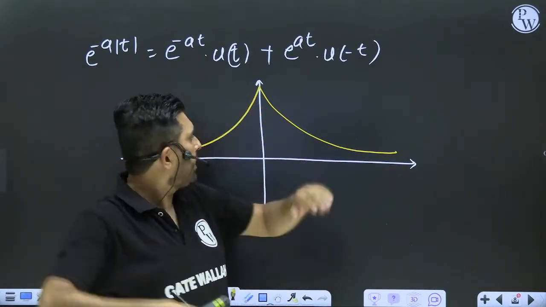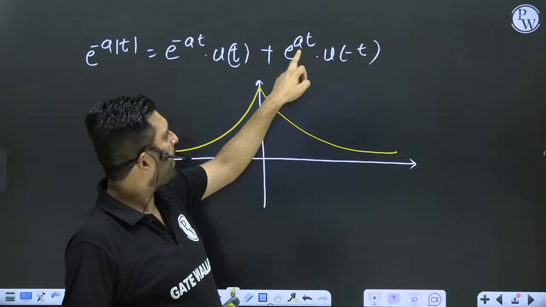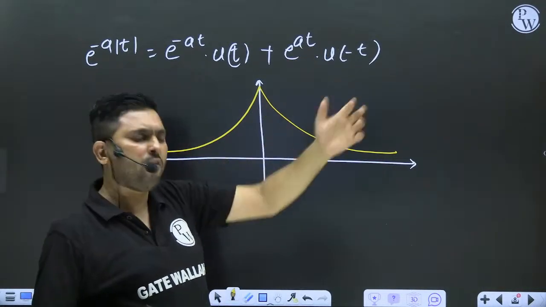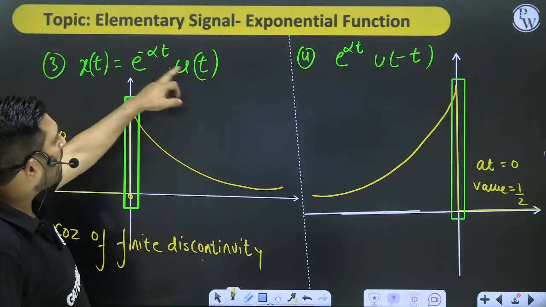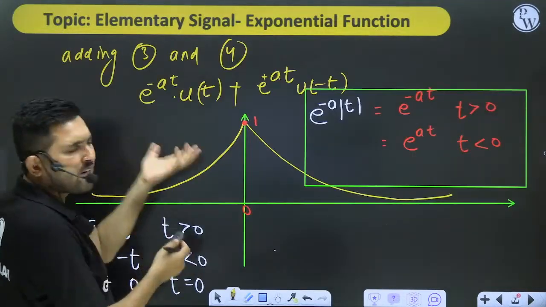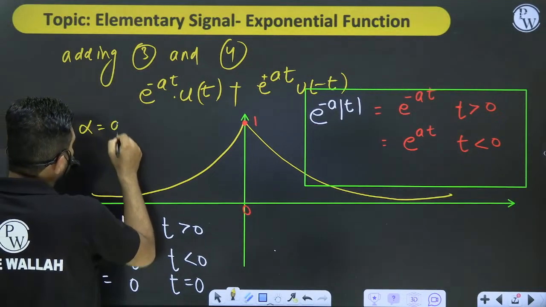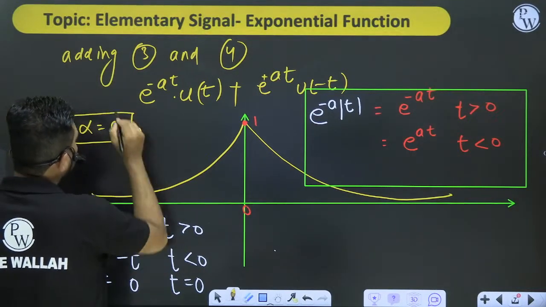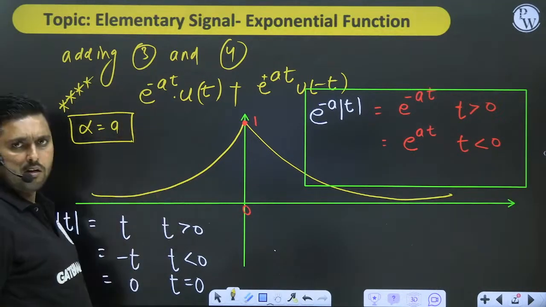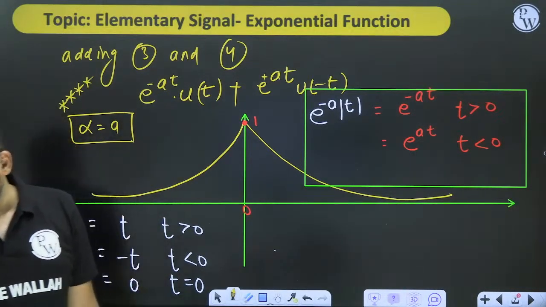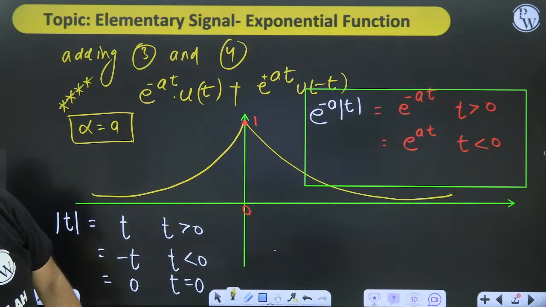It is decided by a or alpha, whatever. A or alpha is the same thing. Let me write this so that no confusion occurs. I change alpha to be equal to a.